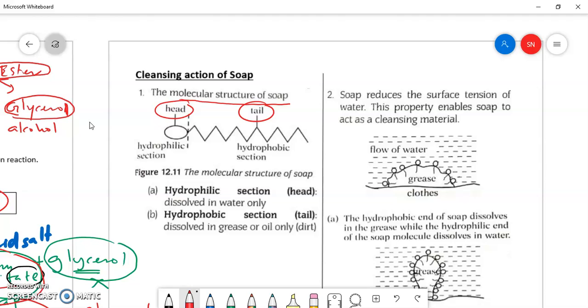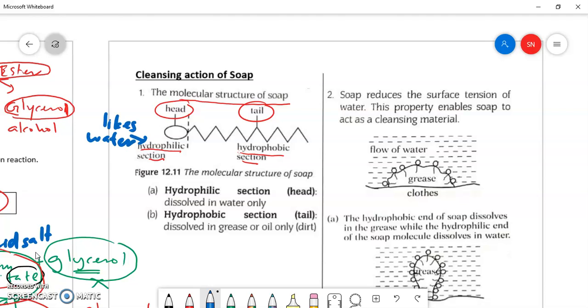The head part is called the hydrophilic section, and the tail part is called the hydrophobic section. So we got head hydrophilic. Hydrophilic means like water.